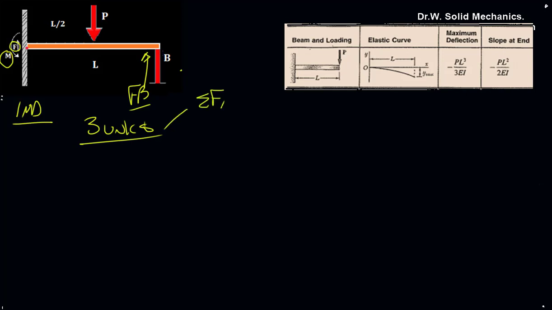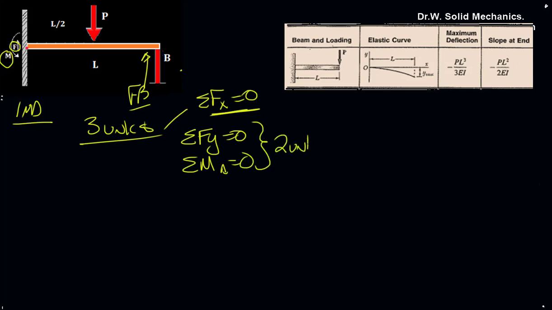There are no x forces here, so with the forces in the y and the moments about any point, we can only handle up to 2 unknowns. And this has 3. So this beam is indeterminate. Let's look at how we can use beam tables to solve for an indeterminate beam.